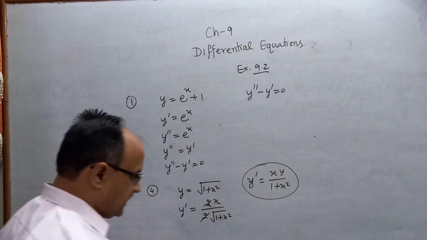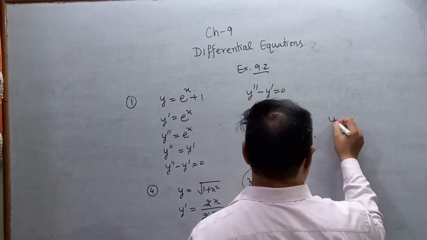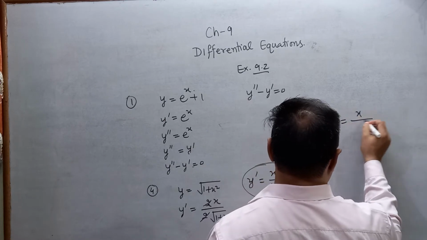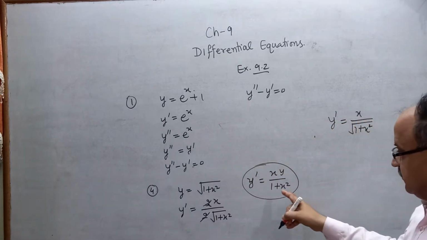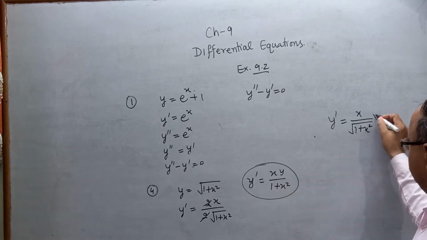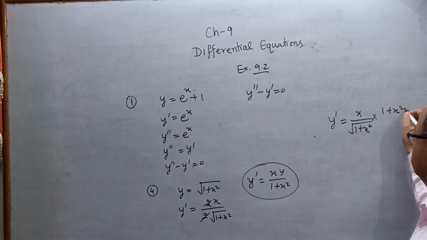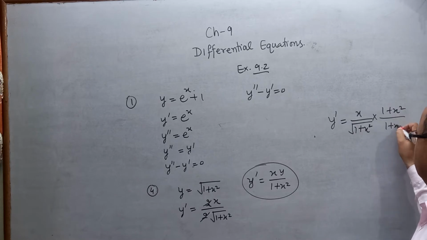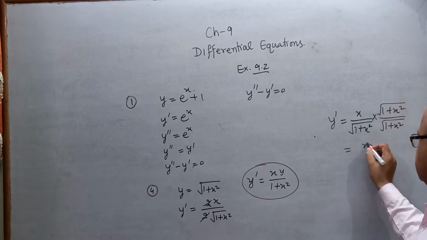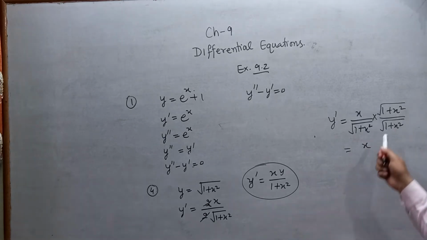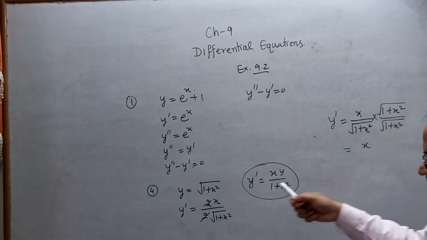Now we want to check whether this is the solution or not. So multiplying both sides by x upon root 1 plus x square. We want to make this radical free, that is, multiplying numerator and denominator by root 1 plus x square. So what is the value of this?